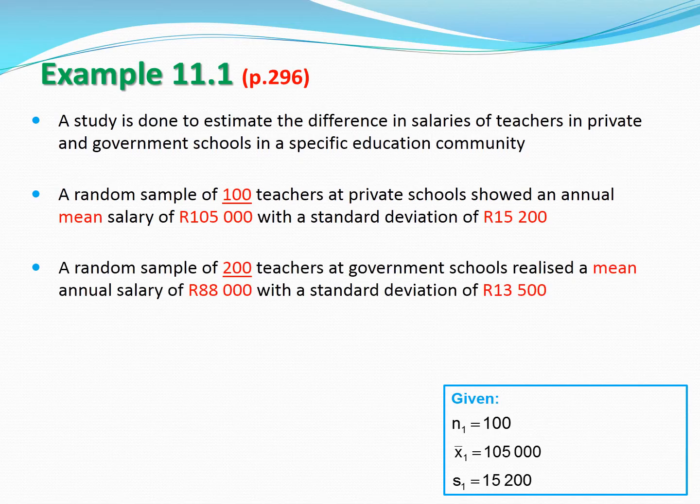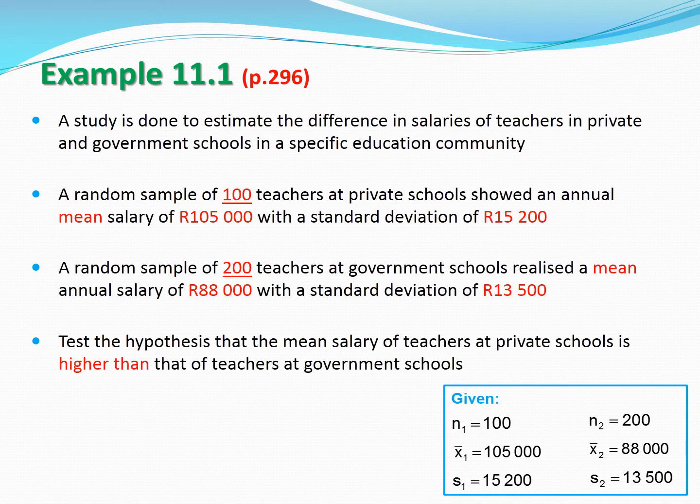Then for the second population, they tell you they drew a random sample of 200 teachers from government schools, and the mean was 88,000 Rand with a standard deviation of 13,500. So that means that our n2 will be 200, our x̄2 will be 88,000, and s2 will be 13,500.